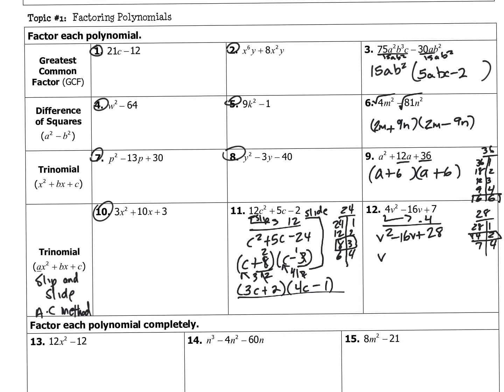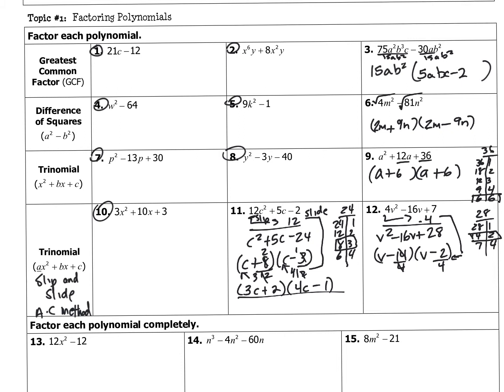So this is going to be V minus 14, V minus 2. They both needed to be negative because a negative and a negative multiply to equal a positive. And negative 14 plus negative 2 is negative 16. Now I need to slide that 4 back underneath. Okay, both fractions are going to reduce again.